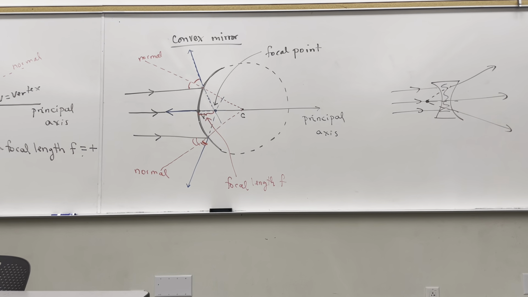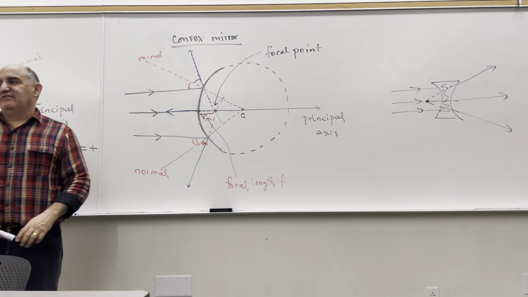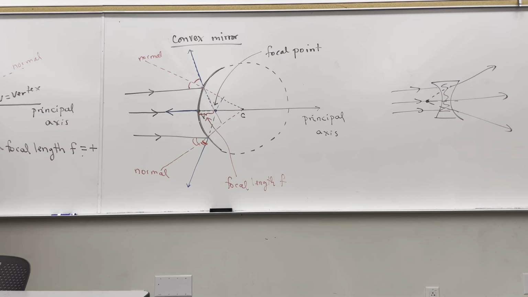You have to read the next word. If it's a convex lens, the focal length is positive. But if it's a convex mirror, the focal length is negative. If it's a concave lens, the focal length is negative. But if it's a concave mirror, the focal length is positive.